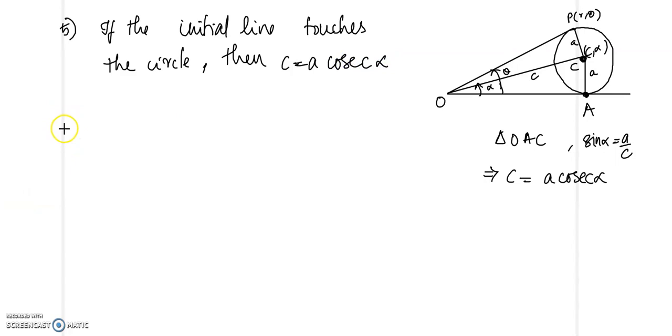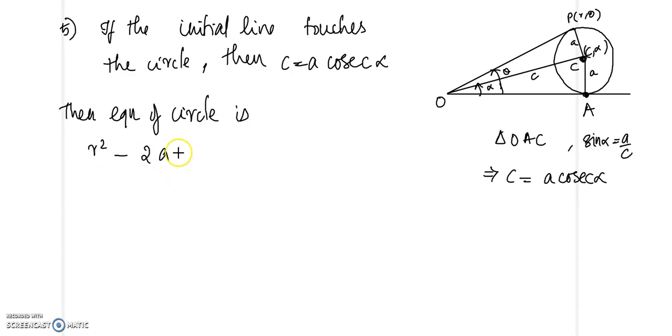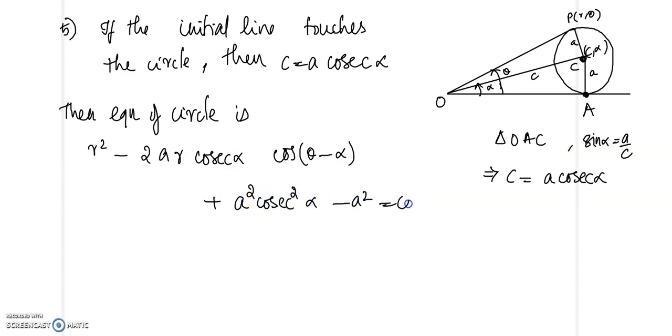So therefore, substituting this value of C into the first equation, the equation of circle becomes r square minus 2 A R cosec alpha cos(theta minus alpha), plus C square becomes A square cosec square alpha, minus A square equal to 0.